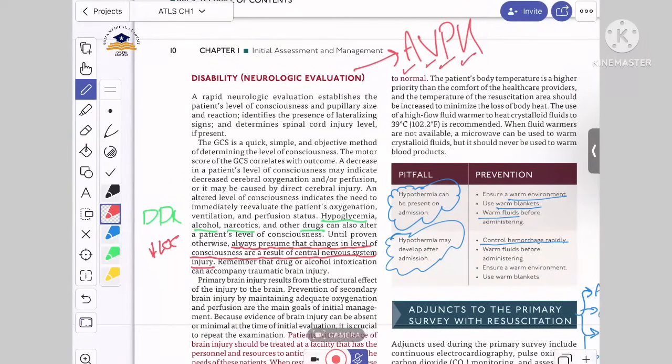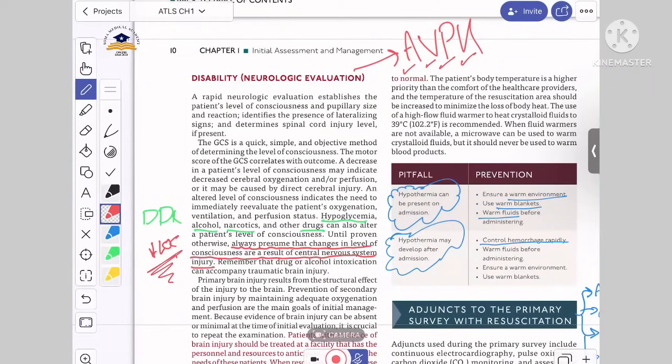If you have a trauma patient with decreased level of consciousness, this could be head trauma, but it could also be from hypoglycemia, alcohol, narcotics and other drugs. So this is very important. Not every decreased level of consciousness in a traumatized patient is from head trauma.